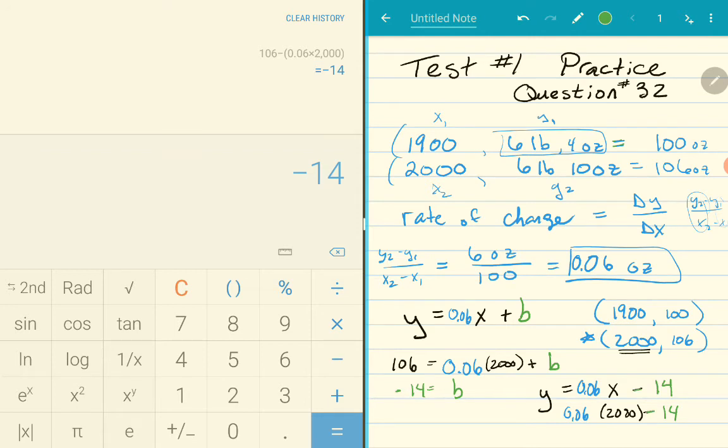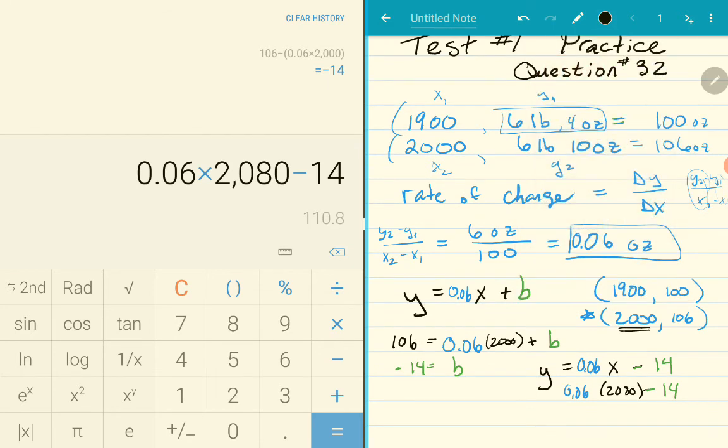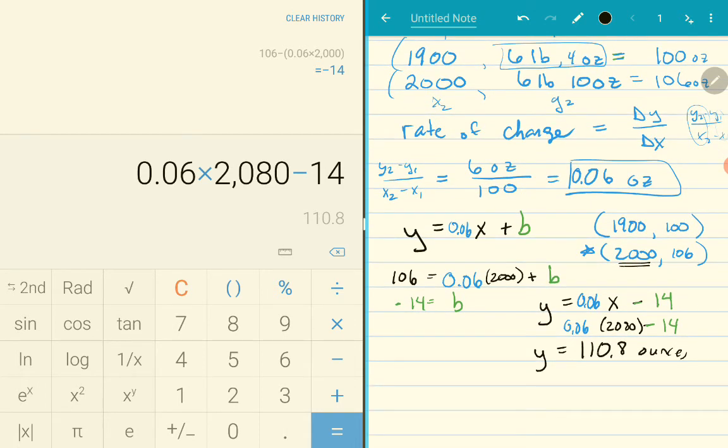Okay, so let's put that into the calculator. We get 0.06 times 2080 minus 14. Seems like a very heavy baby. Oh, because that's in ounces. Okay. My common sense checker was a little confused. Okay, so that's 110.8 ounces. And remember that 96 ounces was, let's divide that by 16.